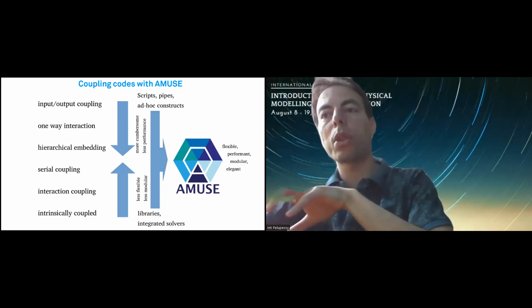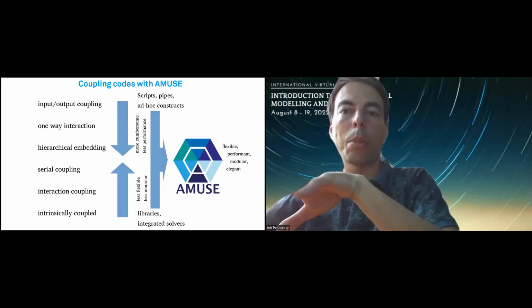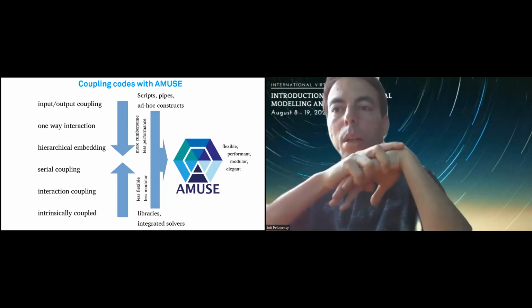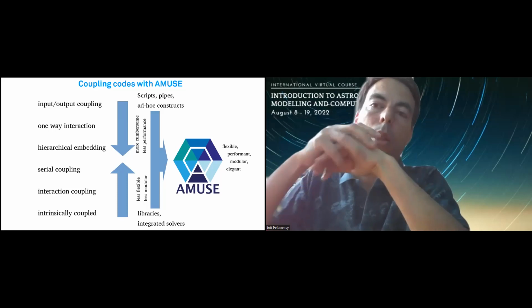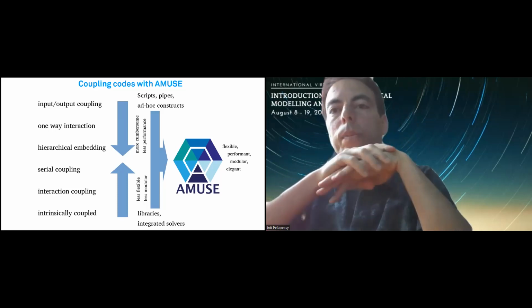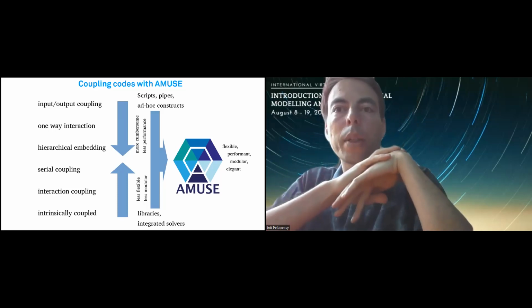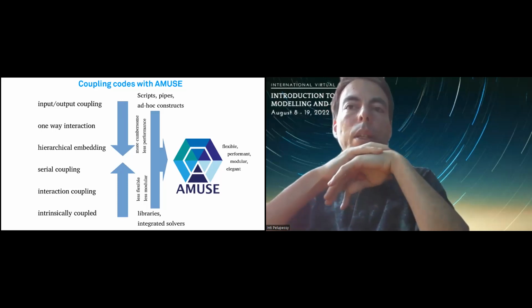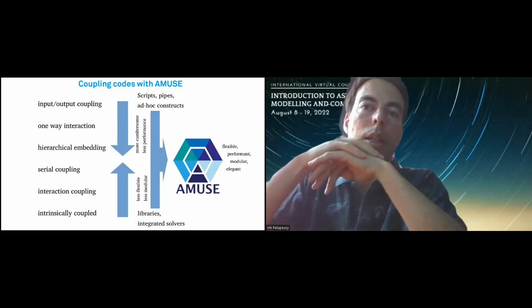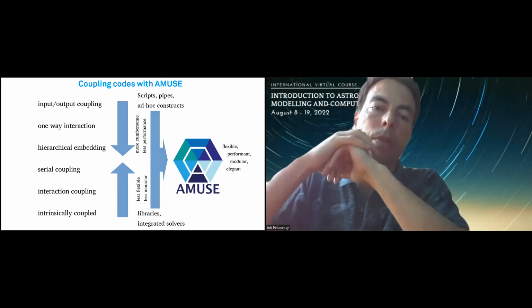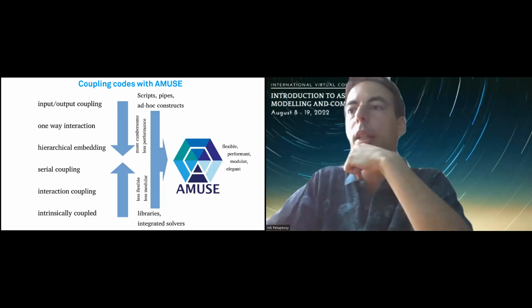So in that case, you would include a magnetohydrodynamic solver within AMUSE. But there are big classes of coupling where using AMUSE will make the coupling very easy and elegant to express and write.